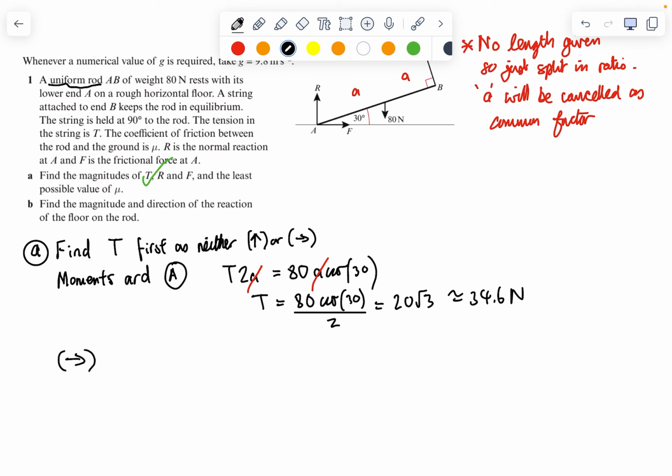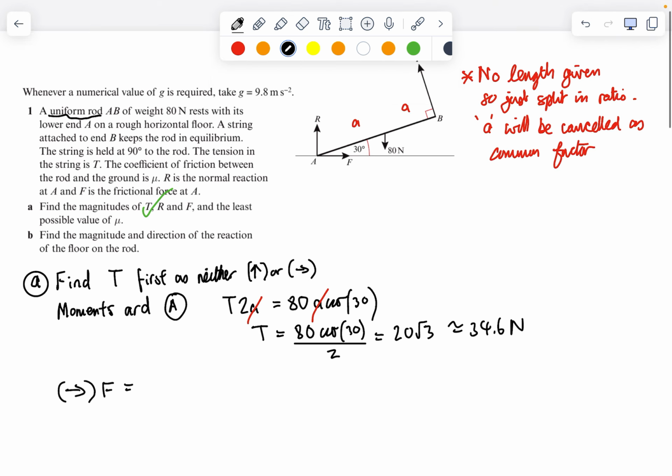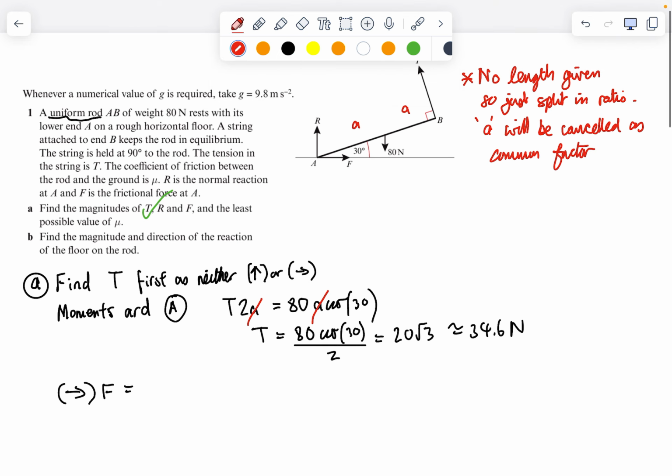So if I go horizontally, I've got my frictional force, and that's going in this direction. And the only other horizontal force I've got is my T. So remember, this is to the horizontal. So I know that this is 30, and I want to do this angle.